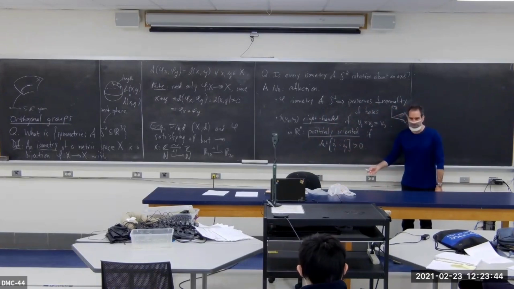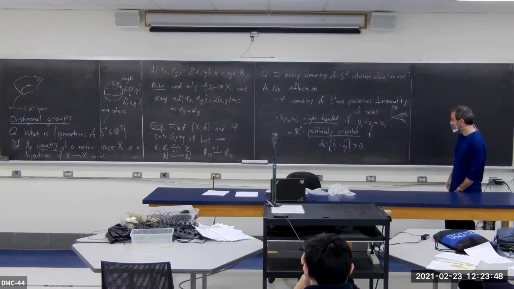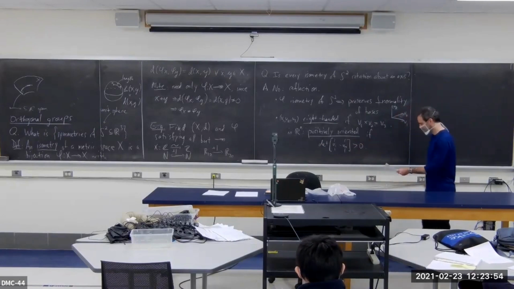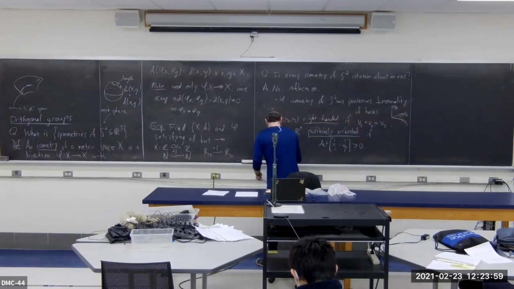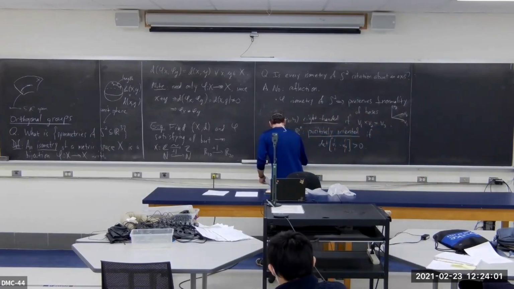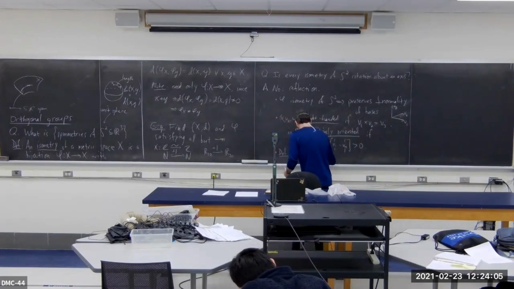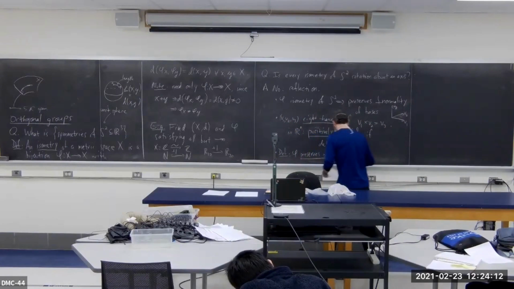You say it's negatively oriented if the determinant is negative. That's all. You notice that if you switch the sign of any single column, it's going to change the sign of the determinant. And then we say that phi preserves orientation if it preserves handedness.